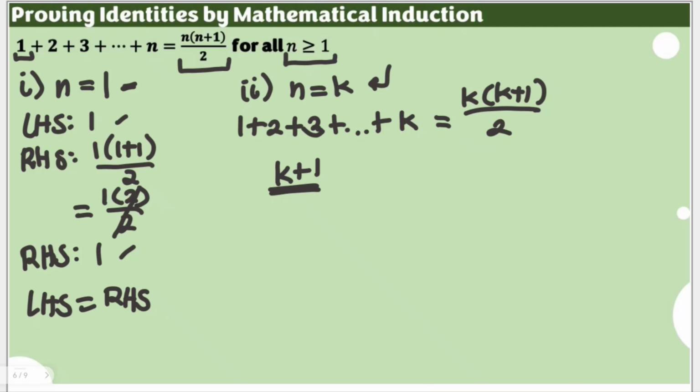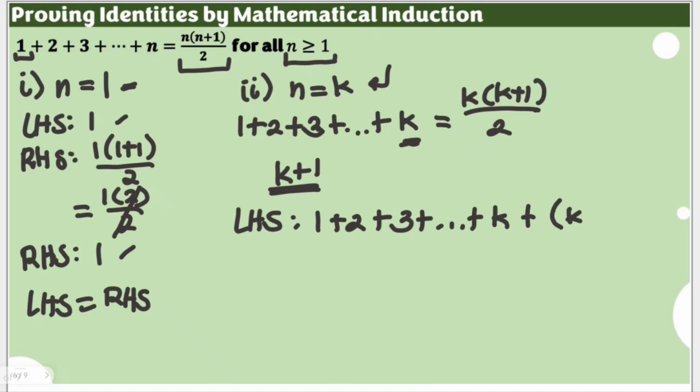What happens then is, if we introduce that integer greater than k, our new left-hand side will be in this form: 1 plus 2 plus 3 plus dot dot dot plus k, of course, and then plus your k plus 1, as you introduced an integer greater than k.